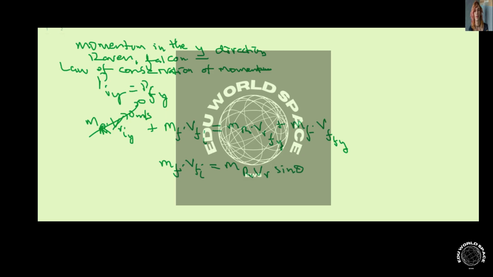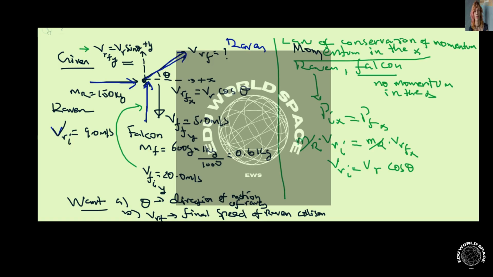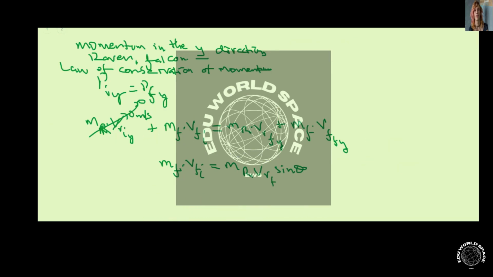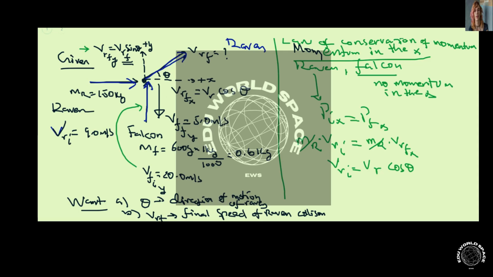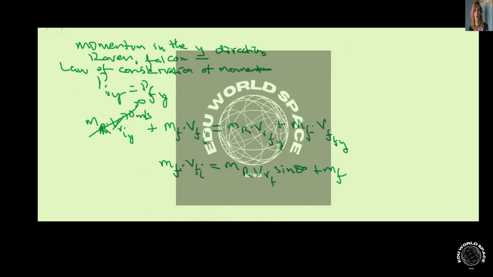Remember Vr, we should call it Vr final. A lot of variables here, so you want to be very careful about the process. And then we also need the final velocity of the Falcon in the y direction, which is 5 meters per second.